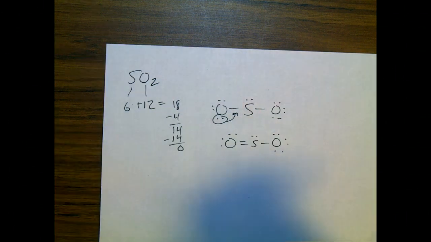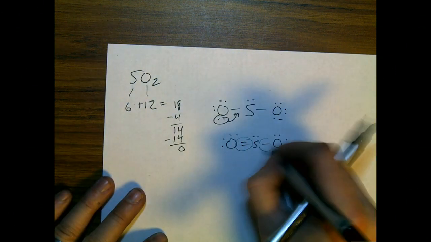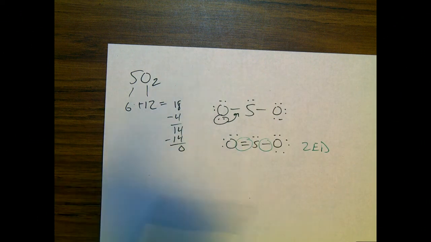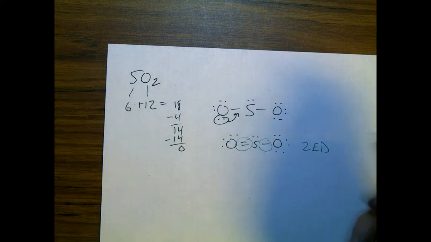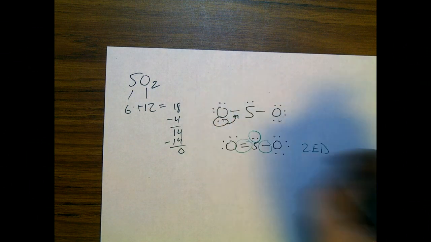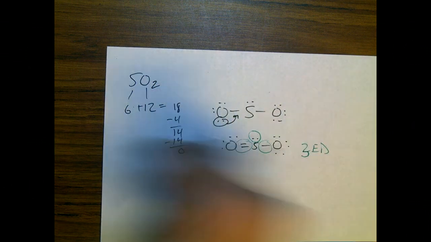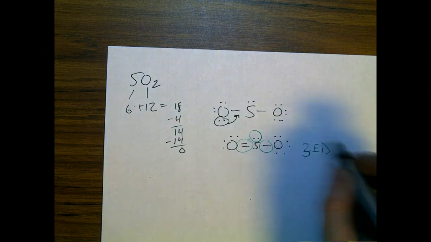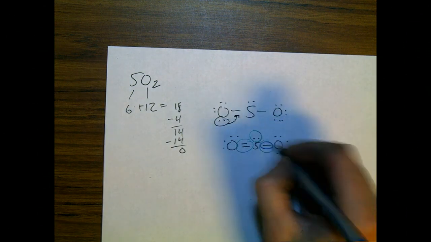Now, counting electron domains, I have 1, 2. I only have 2 electron domains. Oh wait, always double check yourself, because notice I almost made a mistake. I almost didn't include this lone pair as an electron domain. I have 3 electron domains. Always double check yourself, even I make mistakes. The number of bonding domains: 1, 2.